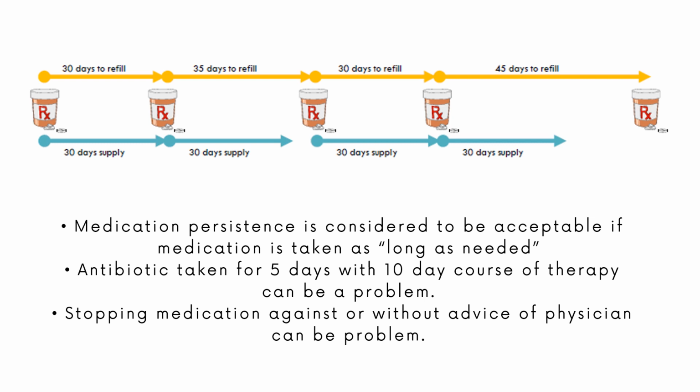Medication persistence is considered to be acceptable if the medication is taken as long as it needs to be taken. For antibiotics, for example, it should be taken in a 10 days course, but if the patient took it for 5 days, we know that there is a problem in medication adherence. Stopping medication against or without the advice of the physician or the pharmacist can also be a problem.